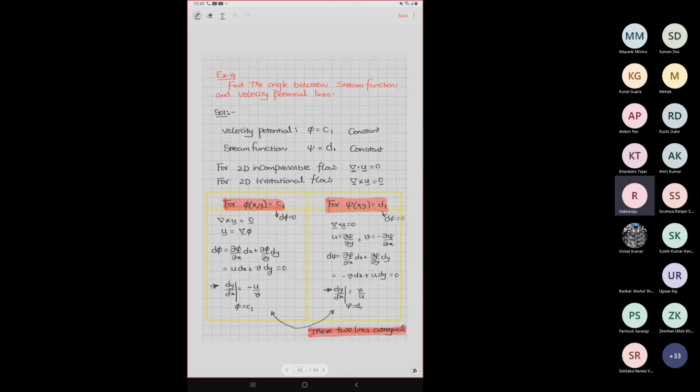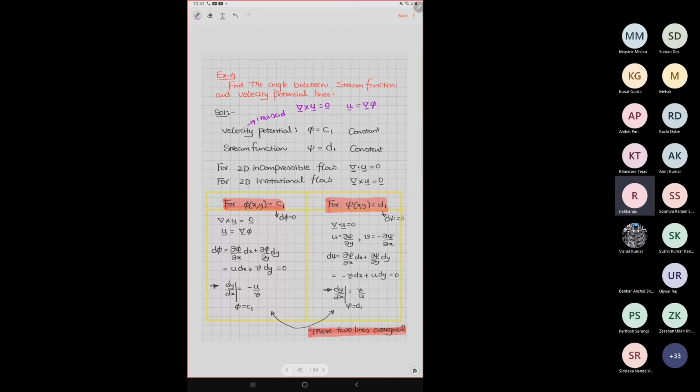First of all, let us define velocity potential and stream function. In the last classes, we have seen that velocity potential exists especially for inviscid flows where del cross u becomes 0, that is, vorticity is equal to 0. Then in that case, I can always write u is equal to gradient of phi.